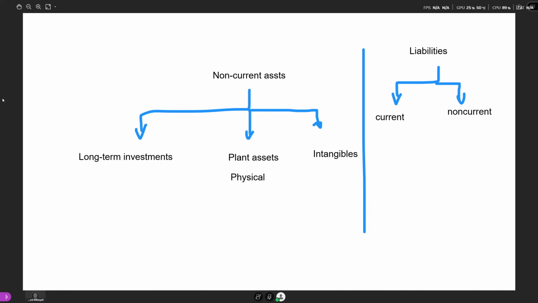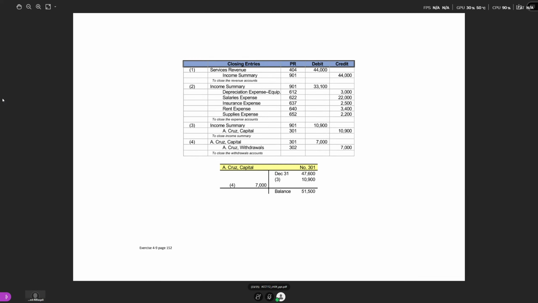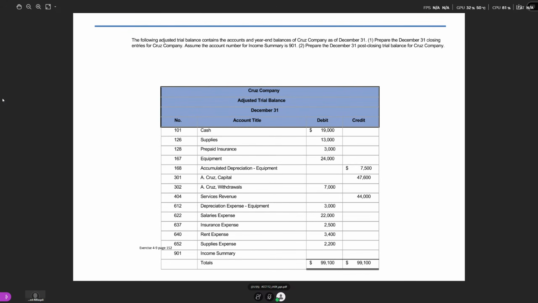At the end of the chapter, you have an extra exercise that you can go through yourself. It's about how you record the closing entries for the revenues, expenses, and withdrawals, similar to the one that I will be solving in your tutorial session on Thursday, inshallah. But it's just for extra practice for you.